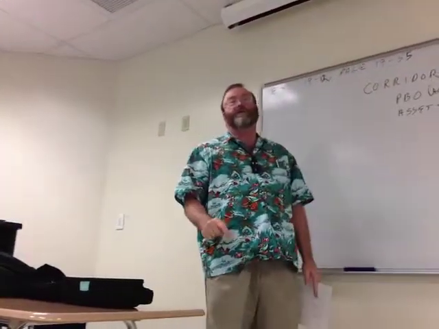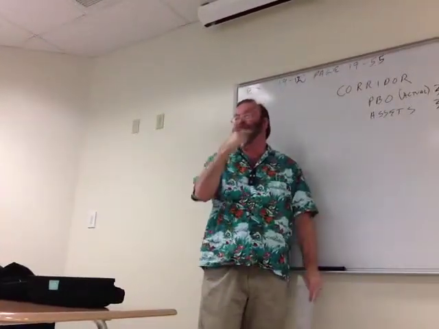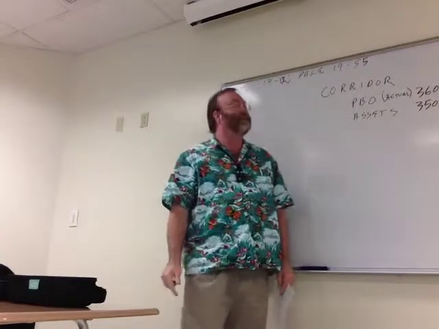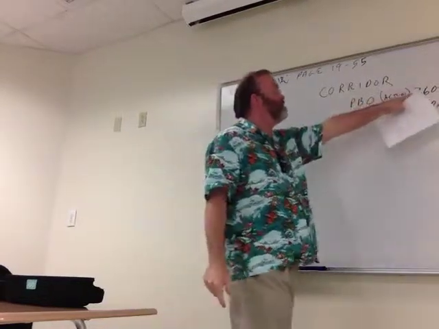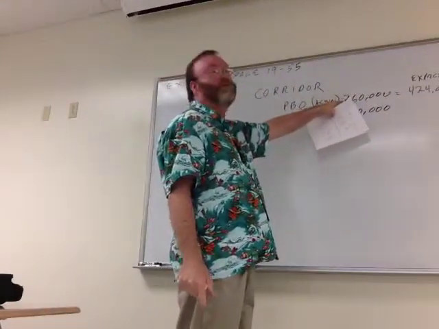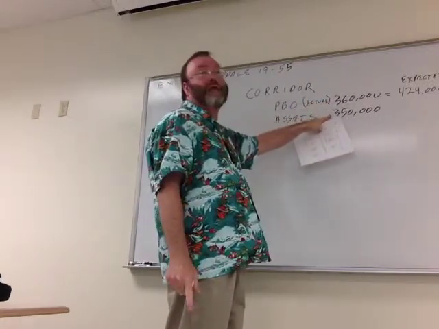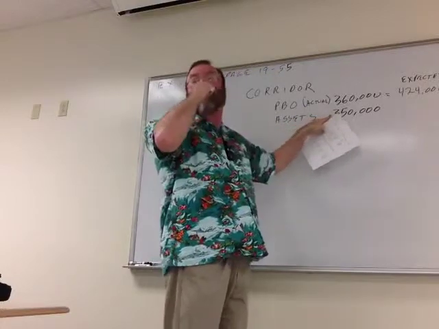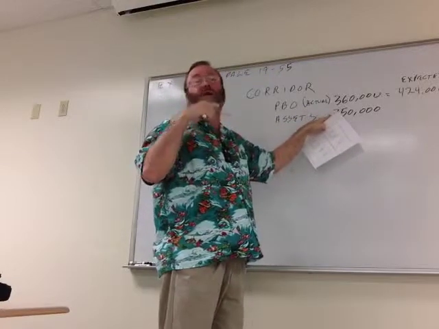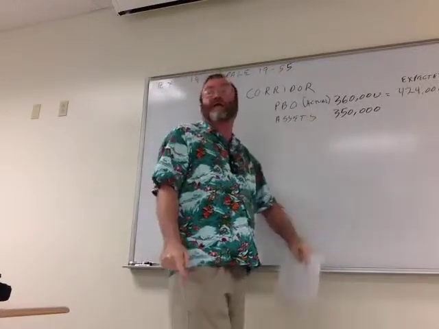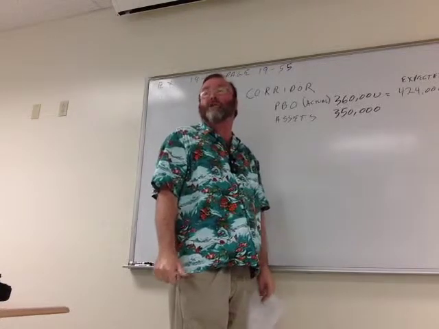And I can only hope that you never, ever, ever see a CPA question asking you to calculate this. Yes. Where was the corridor with 36,000? That's 10% of the larger of either the actual projected benefit obligation or the plan assets. In the first example I did, the assets were larger. In this one, the obligation is larger.